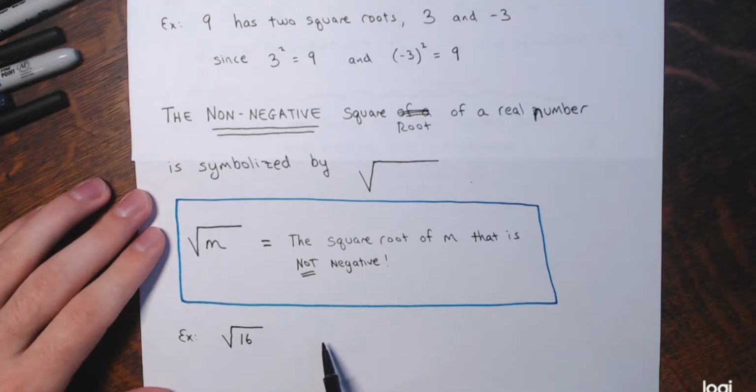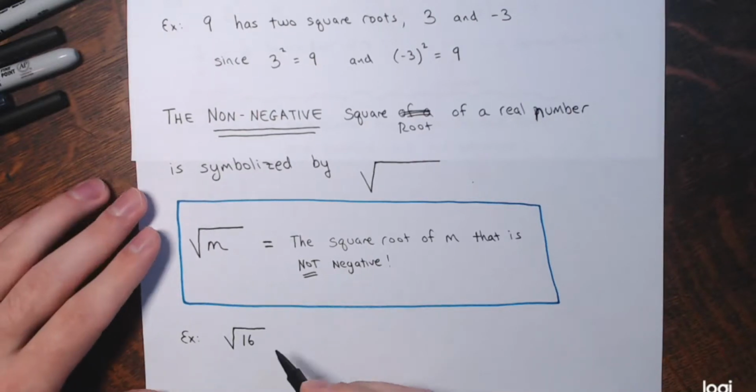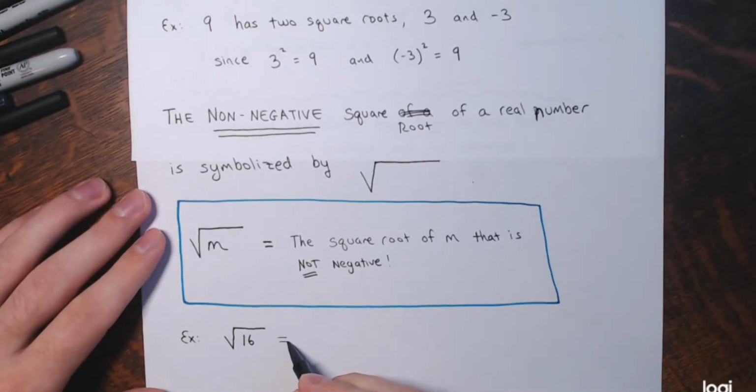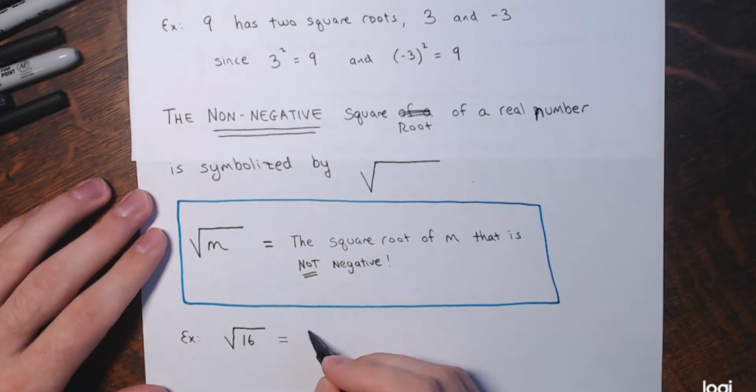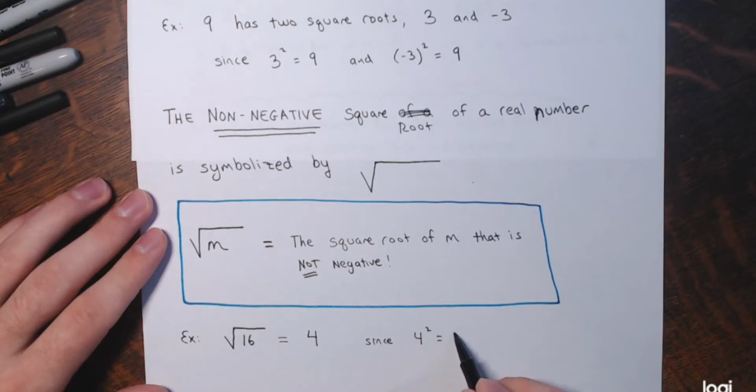They'll put both square roots. But that's wrong. You see this symbol, what you're being asked for is the square root of 16 that's not negative. So this would only be positive 4. And again, this is since 4 is the positive square root of 16, 4 squared is 16.